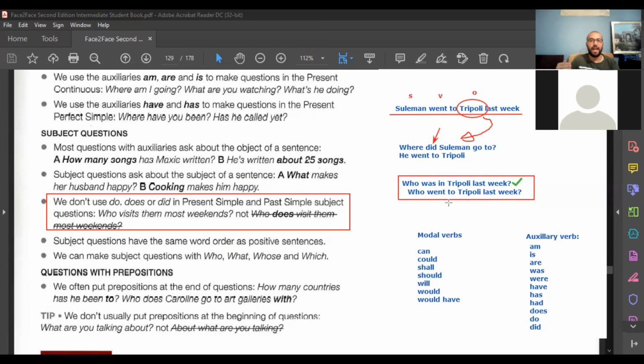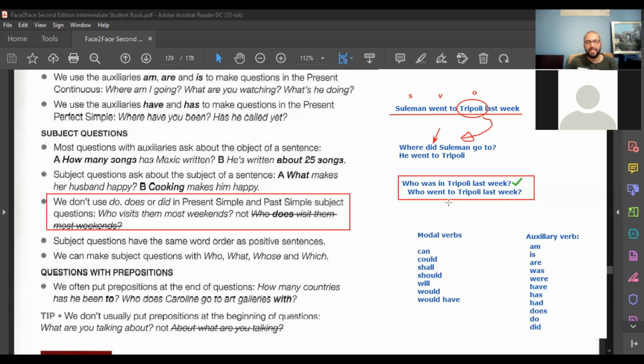Went is an action verb. Was is a state verb. When we say who was in Tripoli, it means he was there, his state. We don't know if he moved from another place or not. All we know is that he was present in Tripoli, right? But when we say went, it means that he moved from point A to point B.